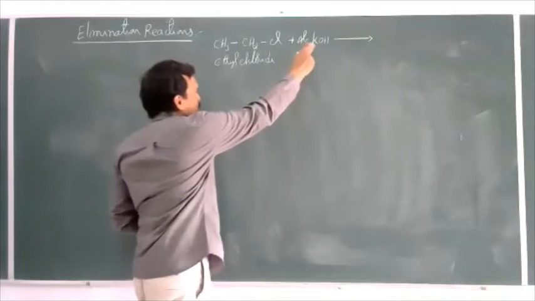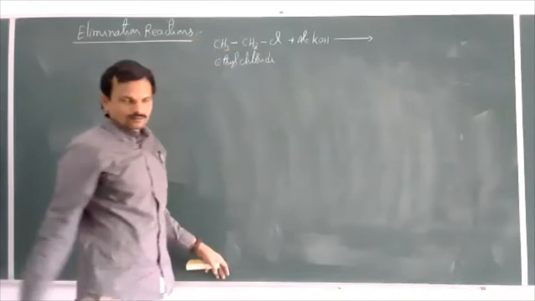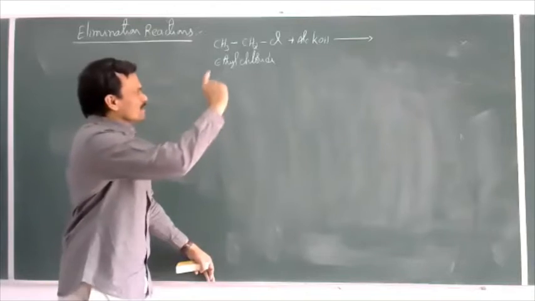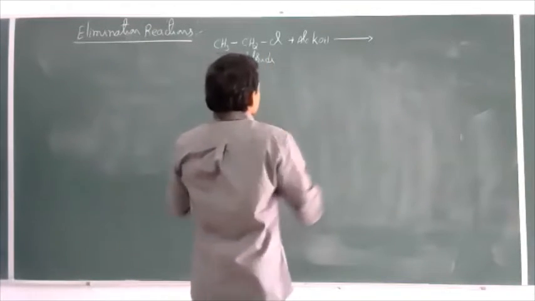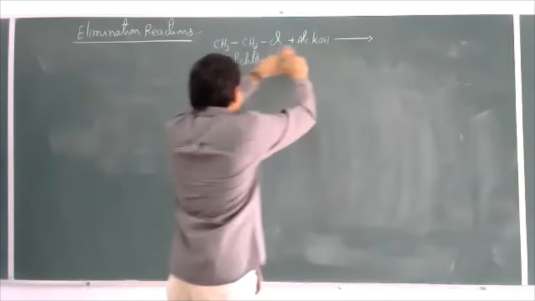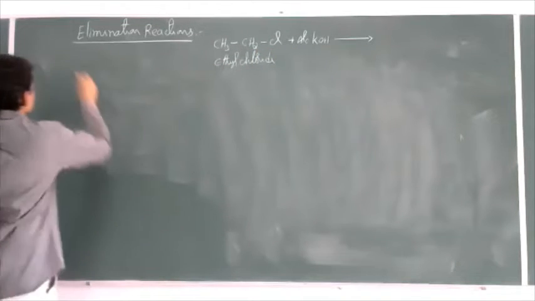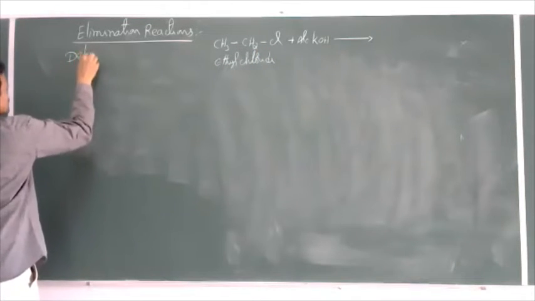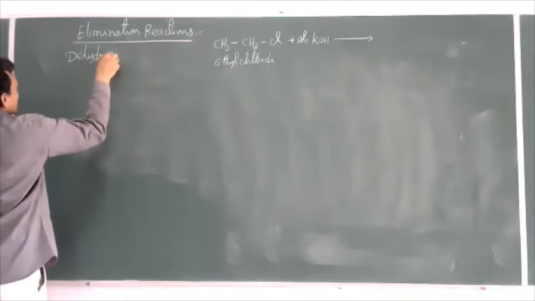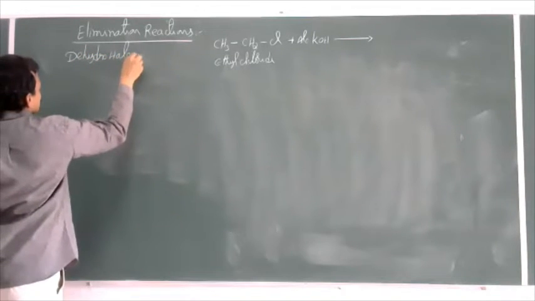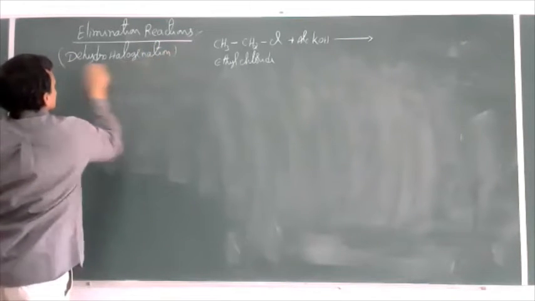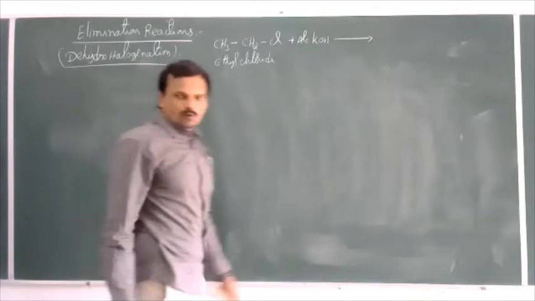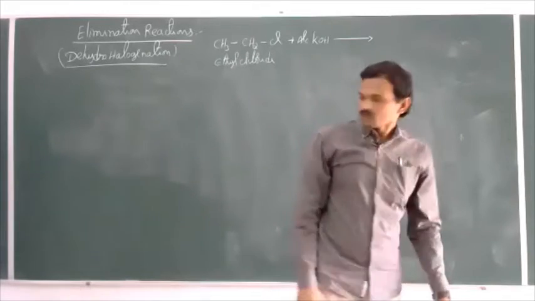That means it removes a proton from this haloalkane. As a result, we can get the eliminated product. So when it is allowed to react with alcoholic KOH, dehydrohalogenation takes place. De means removal, loss.